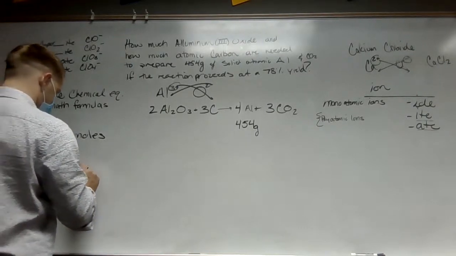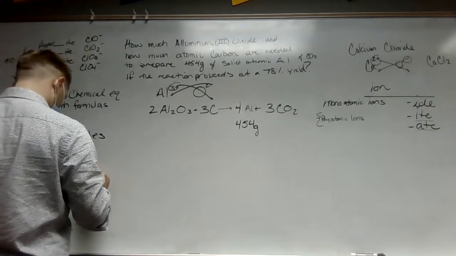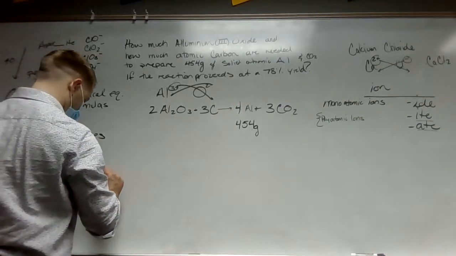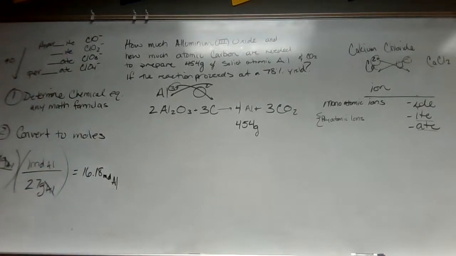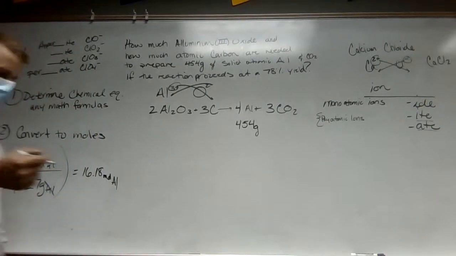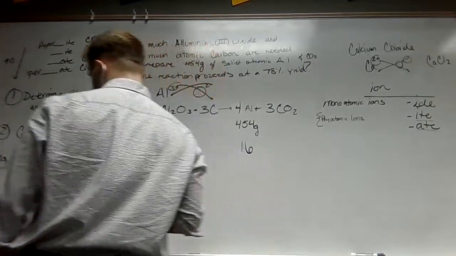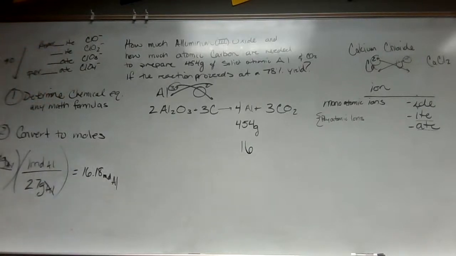We get 16.18 moles of aluminum. About 16 moles.